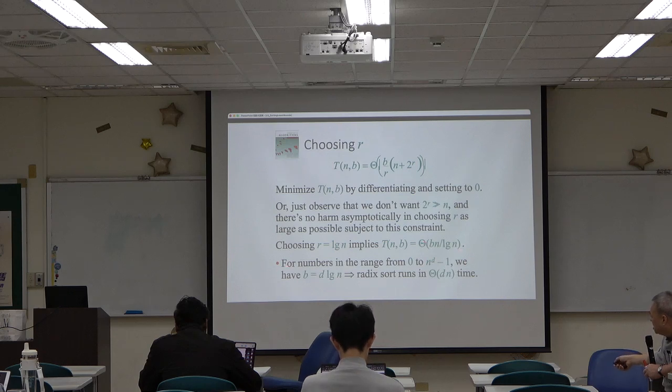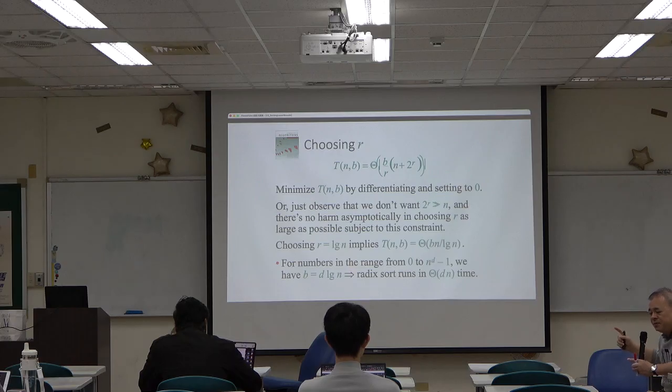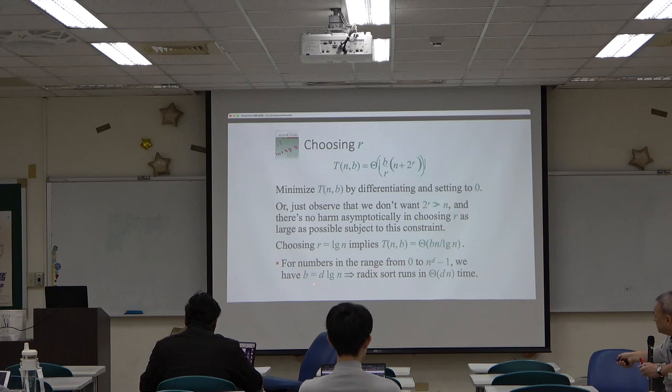For numbers in the range from 0 to n^d minus 1, where this n^d means the size of the word, we have B equal to d log n.